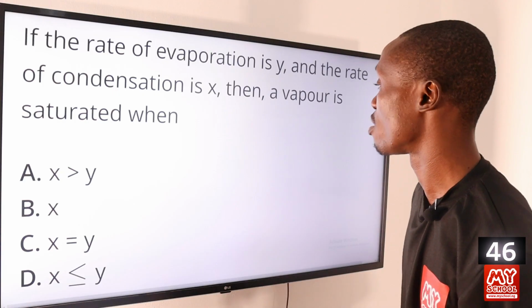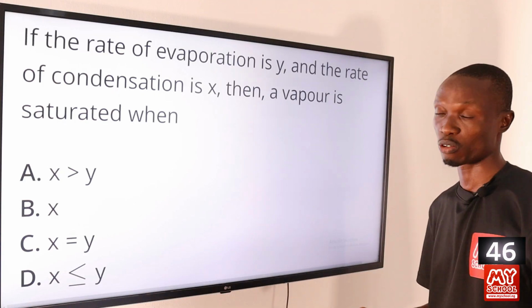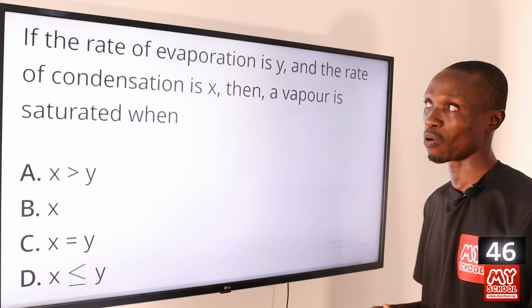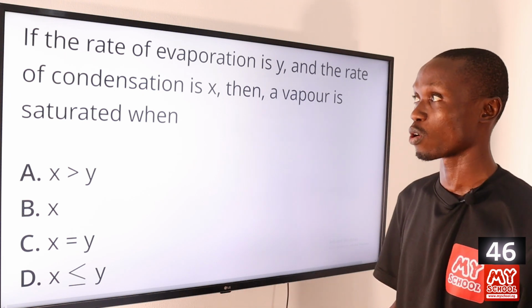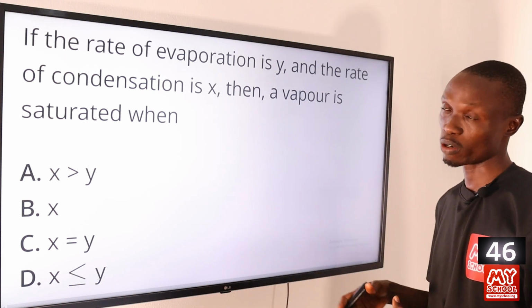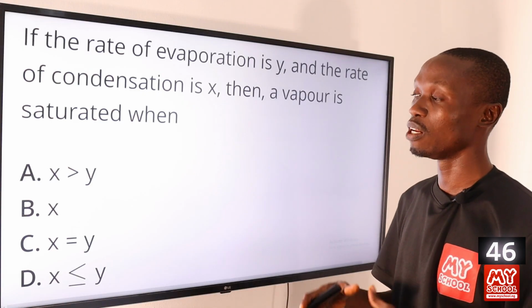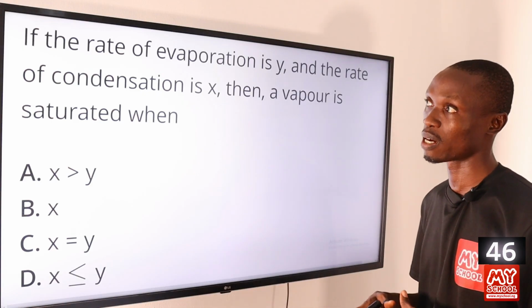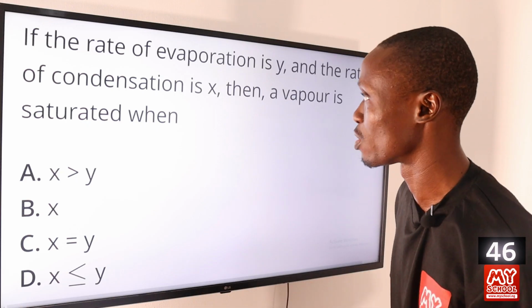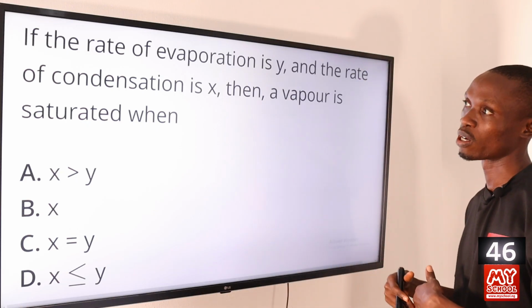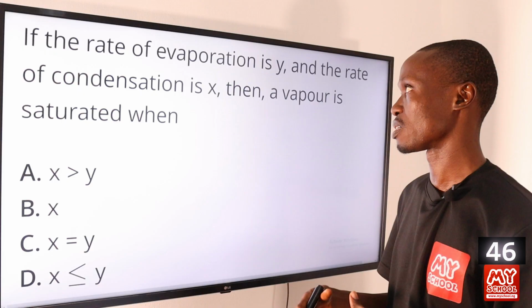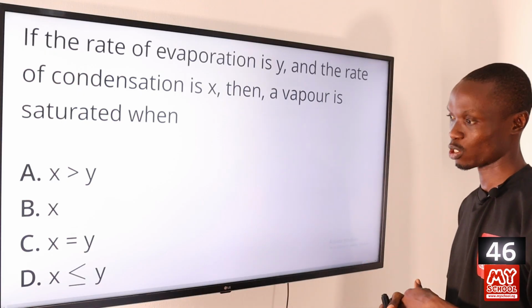Okay, so a vapor is said to be saturated when the amount of vapor entering the gaseous phase is equal to the amount of vapor returning to the liquid phase. So in essence, when the rate of evaporation is equal to the rate of condensation, then we can say that a vapor is saturated.